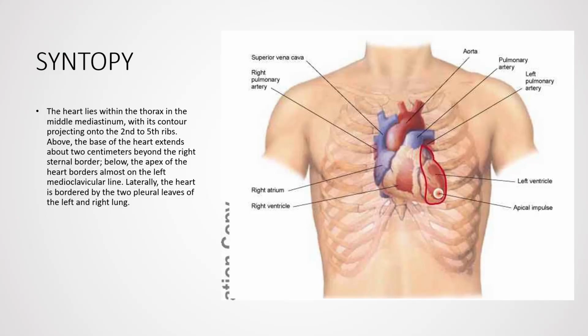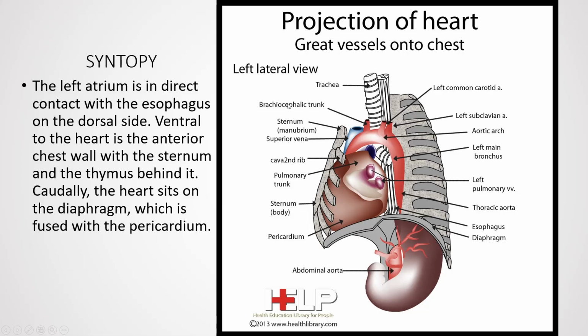Laterally, the heart is bordered by the 2 pleural leaves of the left and right lungs. This is the projection of the heart and the great vessels onto the chest. The left atrium is in direct contact with the esophagus on the dorsal side. Ventral to the heart is the anterior chest wall with the sternum and the thymus behind it. Caudally, the heart sits on the diaphragm, which is fused with the pericardium.